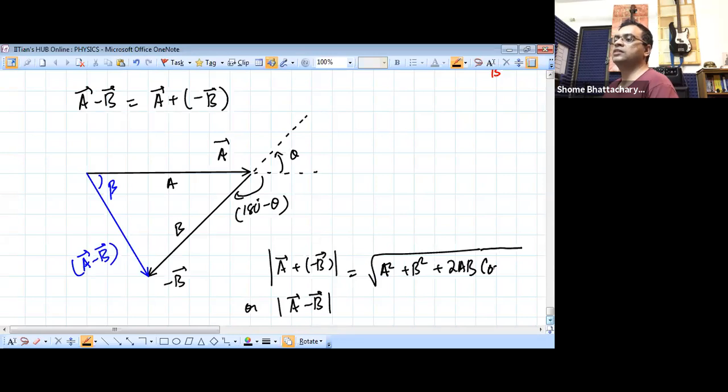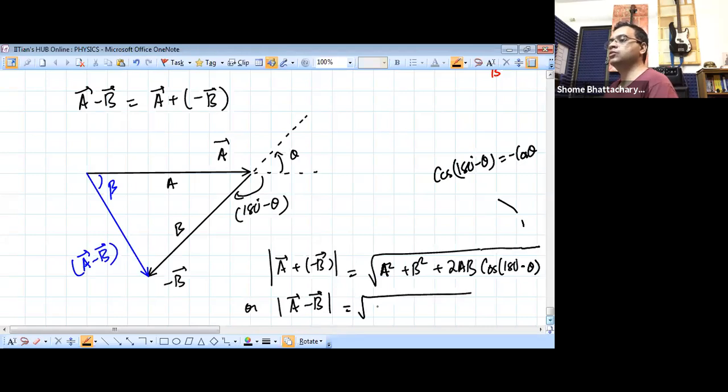So that cos theta term will be replaced with cos of 180 minus theta. And now use the identity that we just saw. Use the fact that cos 180 minus theta is minus cos theta. So this gives us the new formula that this is the root of A square plus B square minus 2AB cos theta. So this is the second part of the triangle law, which gives us the difference of two vectors. The first part was the sum or the resultant of two vectors. Now this is the second part which gives us the difference.